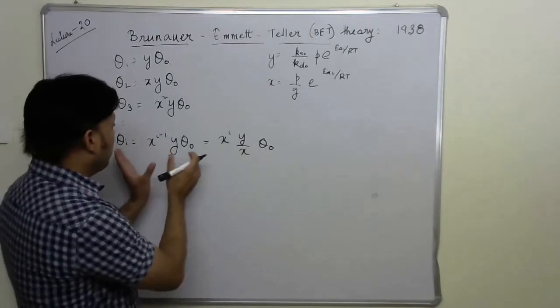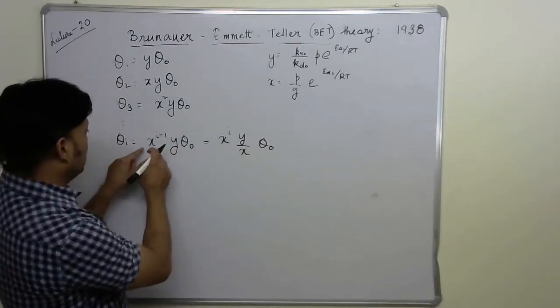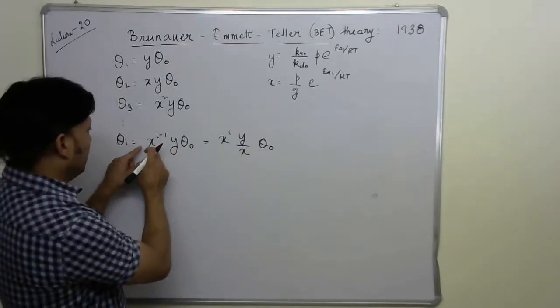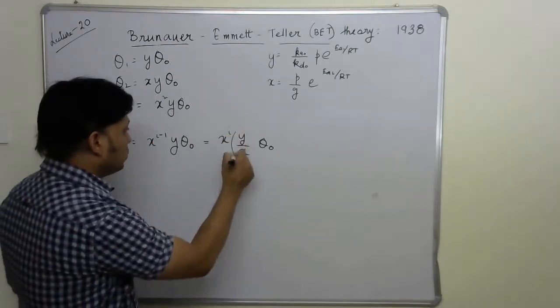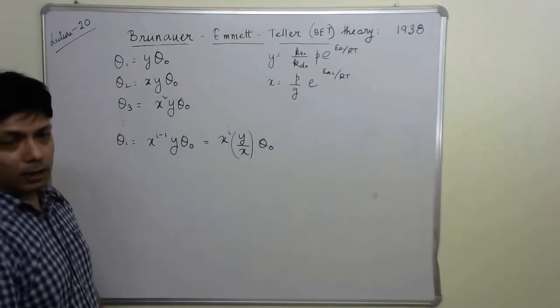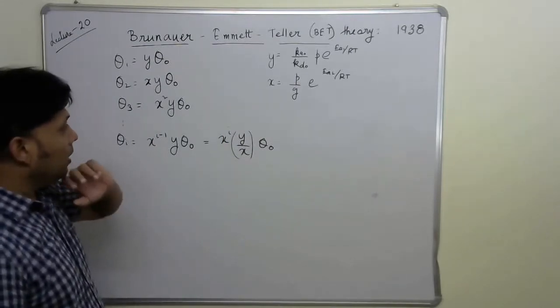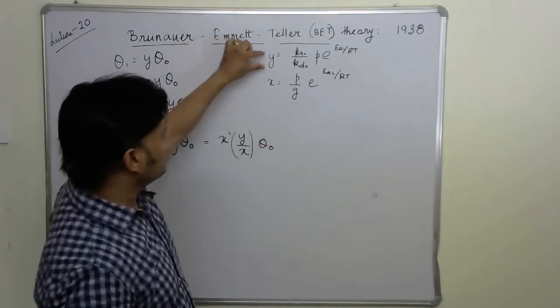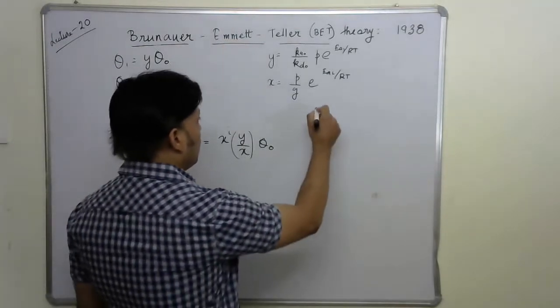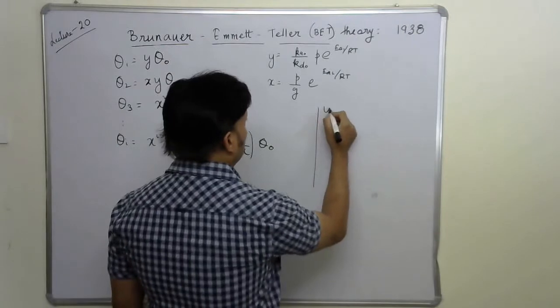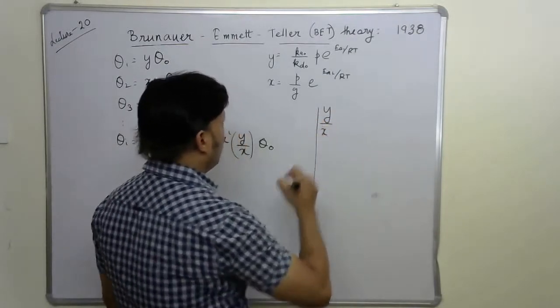So why have I written x to the power minus 1 like that? Because I wanted to take a ratio of y divided by x. Why? Further, you see, this is the expression of y and this is the expression of x. So let's take a look what happens if I take the ratio of y over x.